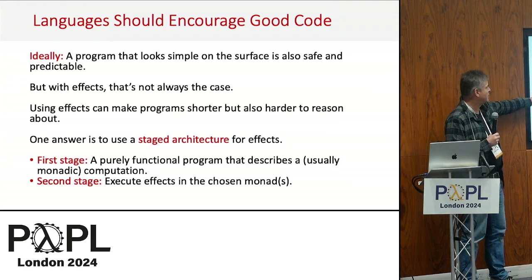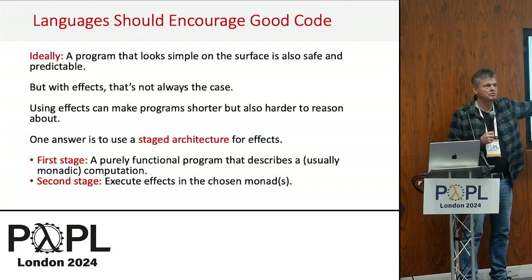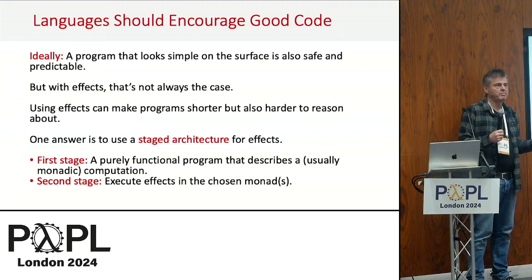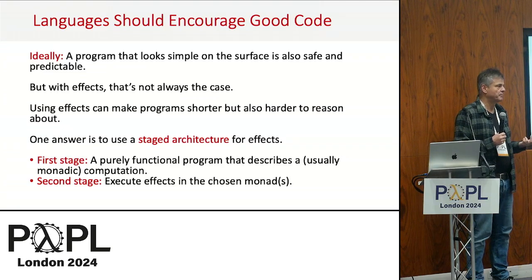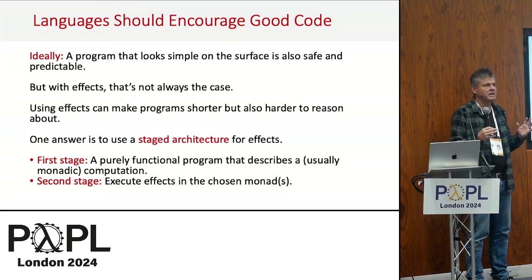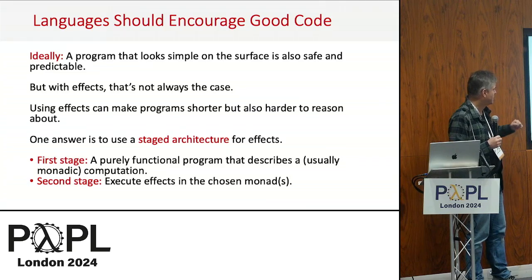If you can use an effect, let me just mutate that variable over here. It can make your program shorter, but it would also probably make your program harder to reason about. So the problem is, what looks nice and short on the surface is not necessarily a program that you want to write and that you want to reason about.